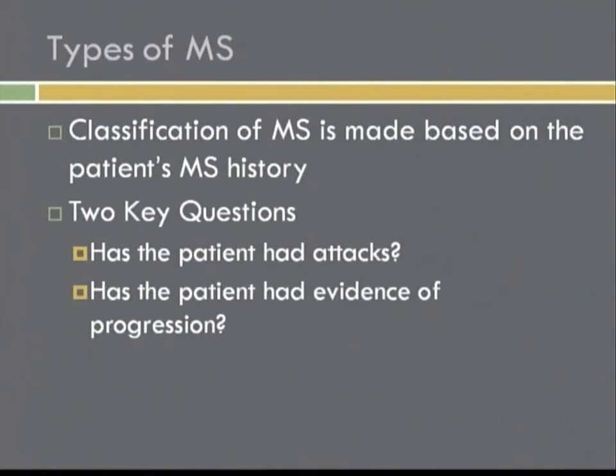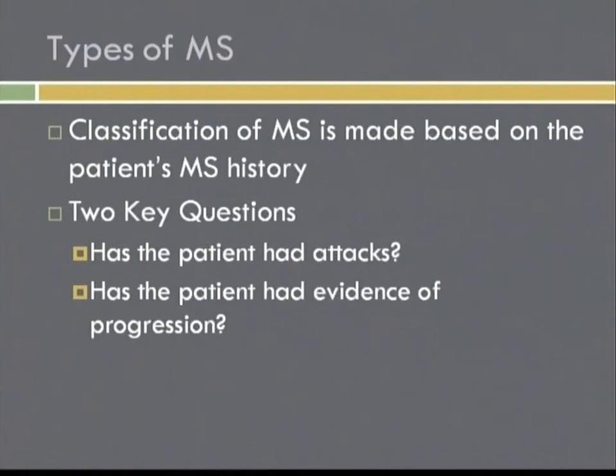And the other important thing to know about the different kinds of MS is that we use these in two ways. The first way that we use these categories is really to put patients into clinical trials that have similar characteristics. So if we take all patients with MS and put them into clinical trials and we get a result, it would be very difficult to know what the result means if the patients all have very different MS presentations.